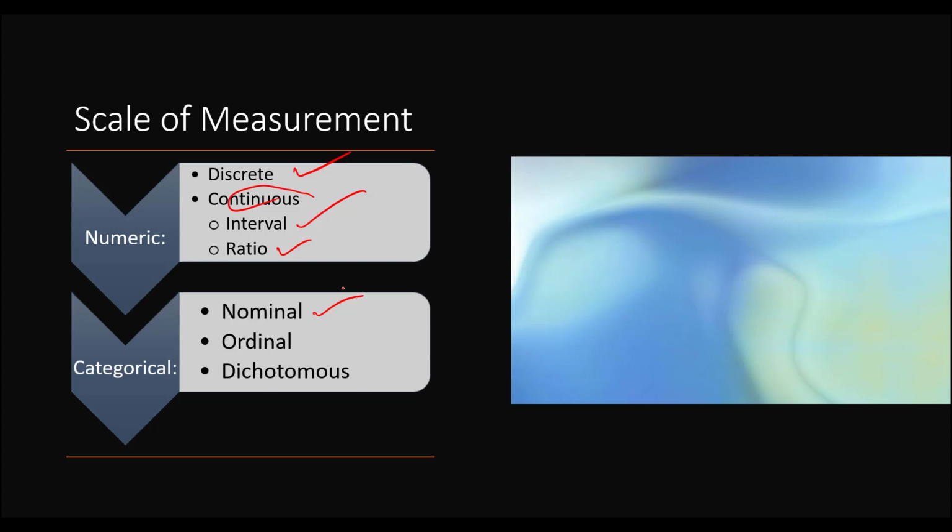On the other hand, ordinal variables are variables that have two or more categories, just like nominal variables, but unlike nominal variables, the categories can also be ordered or ranked. Examples of ordinal variables include social status and Likert scales. Dichotomous variables are variables that can only take two categories. For example, yes and no, dead or alive, etc.